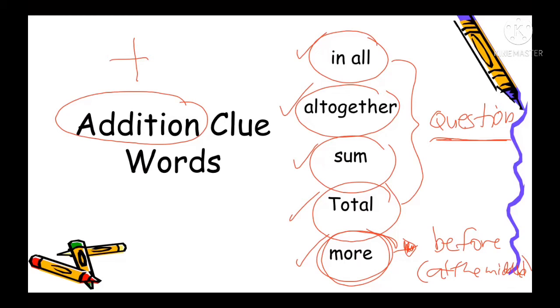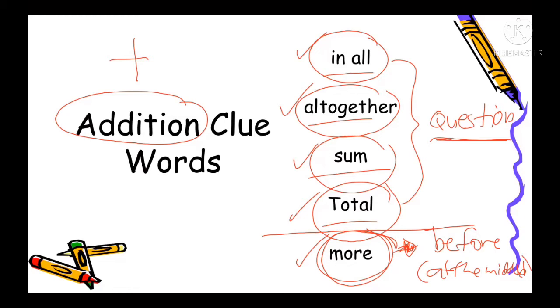Only these four can you see in the question. But "more" you can see in another part of the problem, not in the question. Did you understand? So those are the clues.